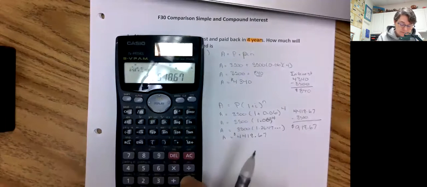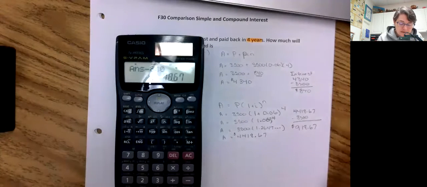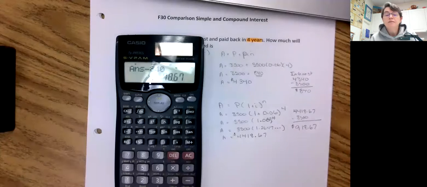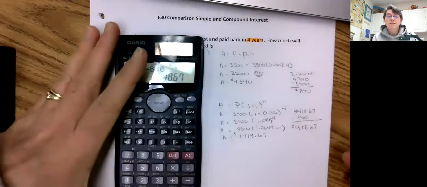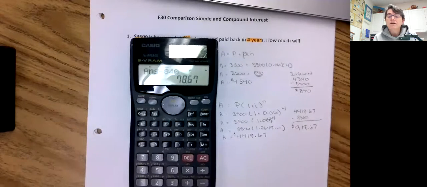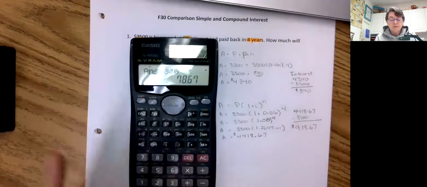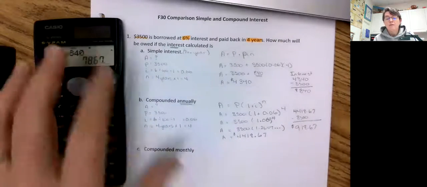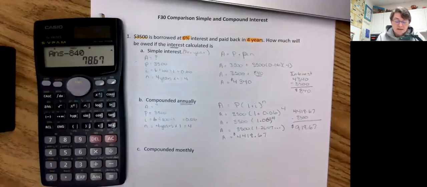Well, you know what? Minus 840. Made an extra $78. That's cool, right? So exactly the same 4 years, everything else is the same, but compounding annually, we got an extra 78 bucks there.